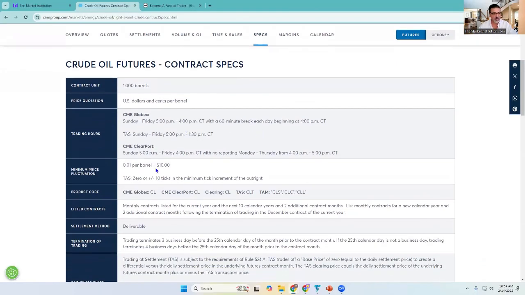We've got the trading hours. What increment: every penny it moves, we get $10 per tick. It trades on multiple exchanges. We've got the CME and the Globex exchange is one we trade on. You have the Clearport, you have clearing, you have TOS, and you have TAM.